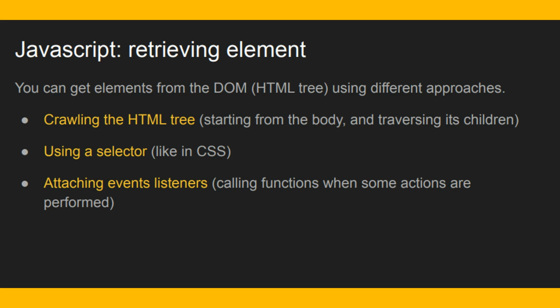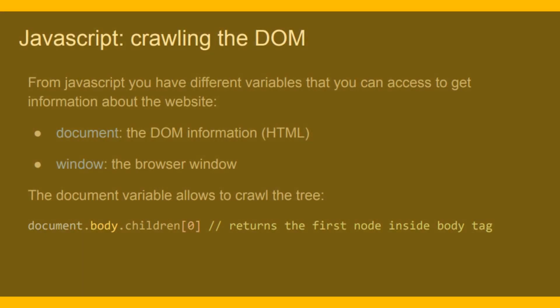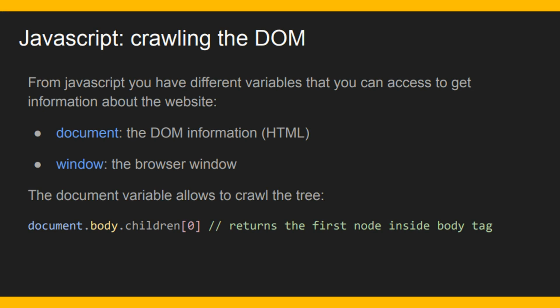Remember the dot, the hashtag; those are selectors. Three, attaching event listeners, calling functions when some actions are performed, like clicking on a button, maybe scrolling. Those are event listeners. It can be on input, etc.